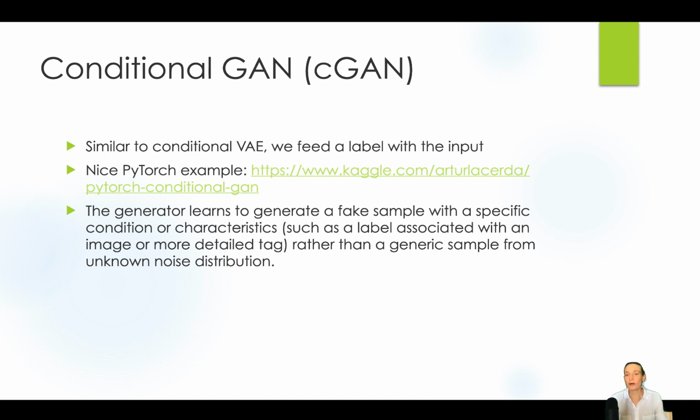All right. So similar to conditional VAEs, we also have conditional GANs because the same problem exists. If we want to generate a fake sample with a specific condition, let's say we not just want to generate a face, but I want to generate a face of a young woman who is of a certain origin, then we need to be able to place conditions.